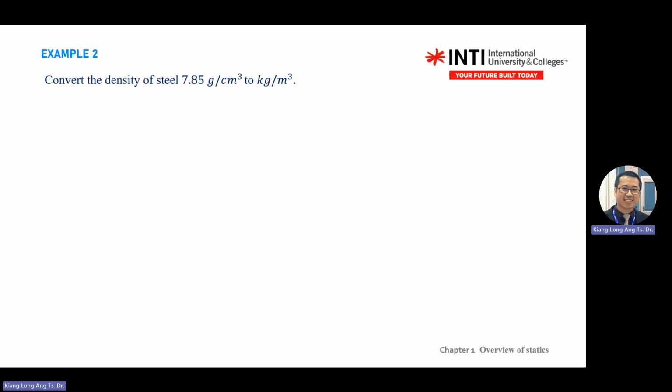You multiply 3 times, the cm 3 times. So 1 cm equal to how many meter? Sorry, 1 meter equal to 100 cm. But you need to convert back. Okay, so what is the answer?